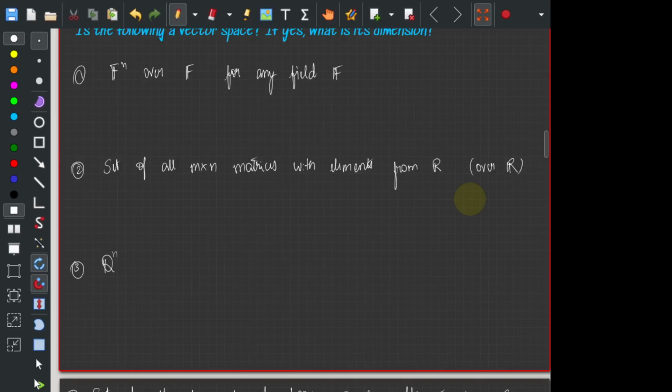I don't hear a resounding yes. So yes, the set of all m by n matrices with elements from R. How can you say that it is a vector space? Why are the rest not convinced that it's a vector space?